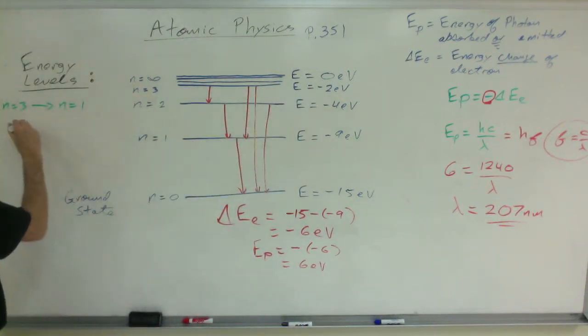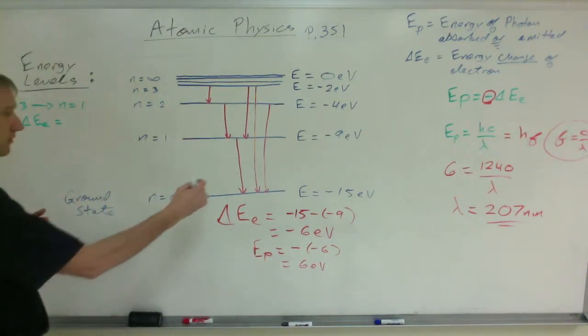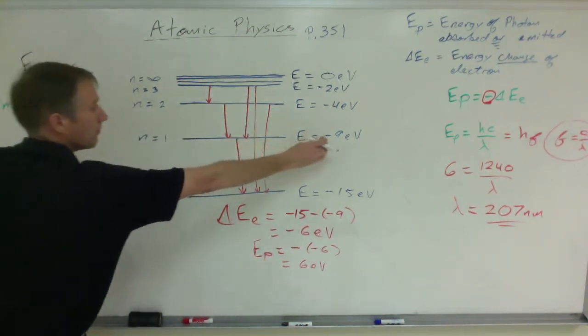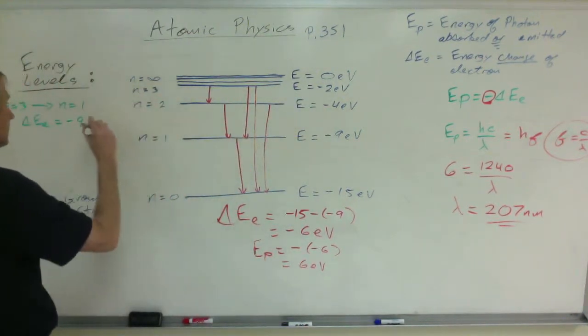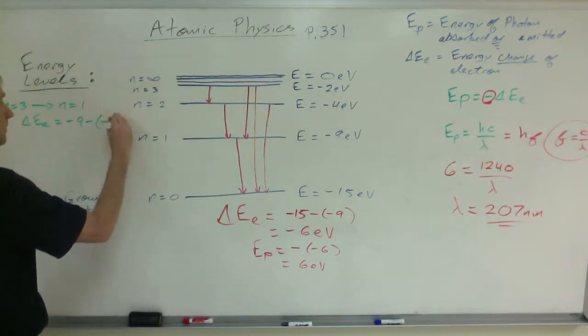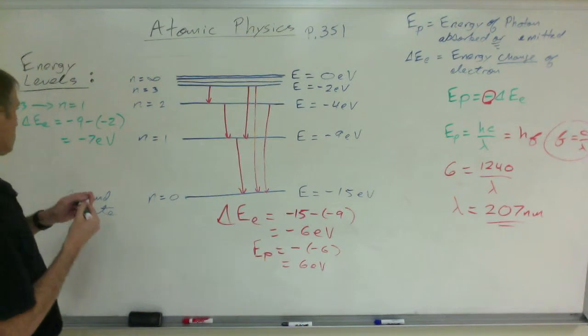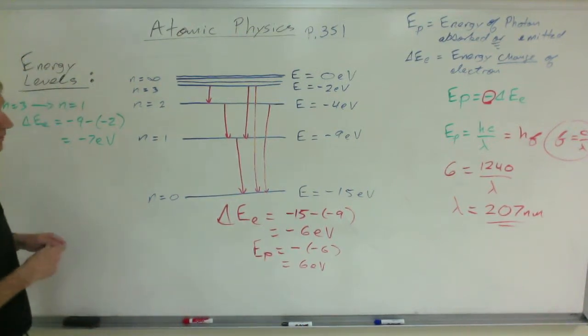So we're going to first calculate the change in the energy of the electron. And it's always final minus initial. So n equal to 1 is negative 9, and that's where it ends. It started at negative 2, right there. So that's minus a negative 2. So that is negative 7 electron volts, right? That's the change in energy of the electron.